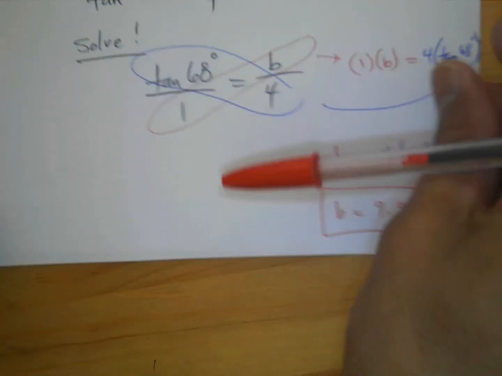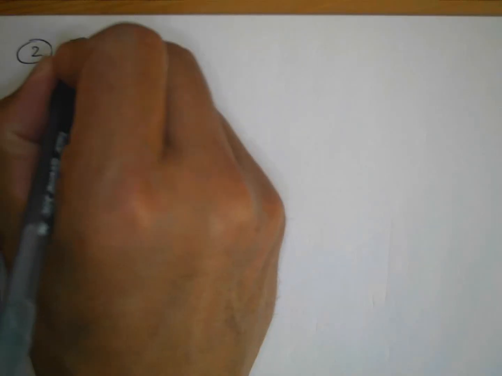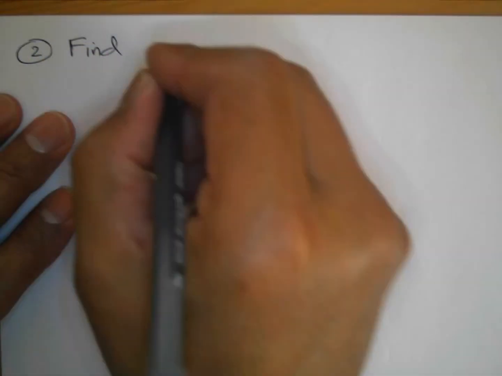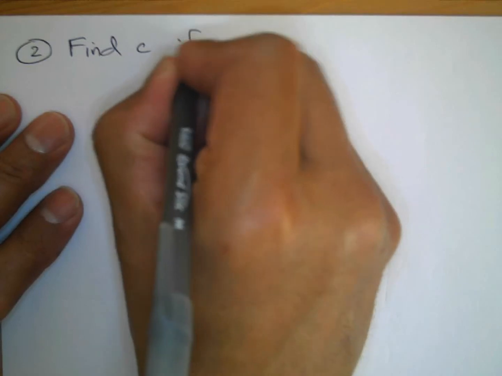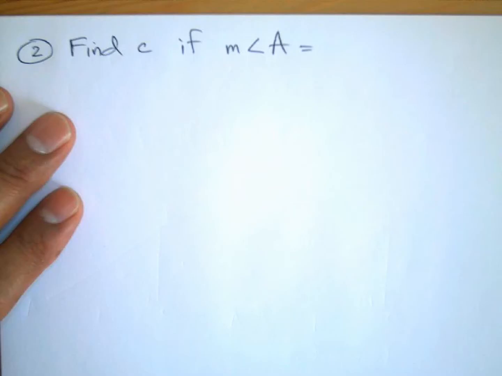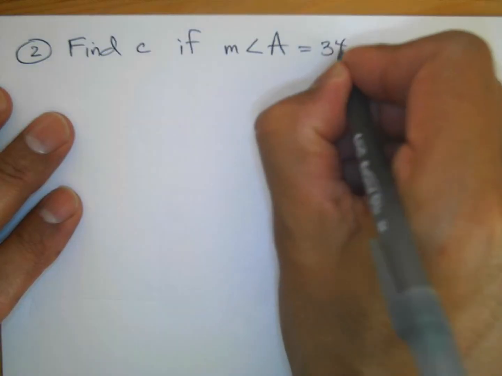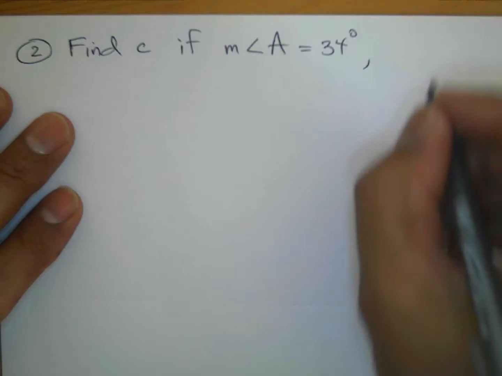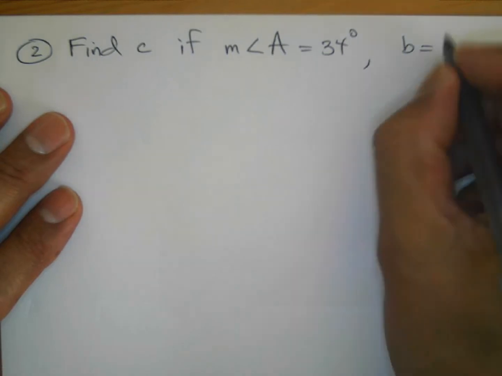Number 2. Again, they're not going to draw the triangle for you. That is part of the task here for the problems, to know how to do that. Find C if the measure of angle A is equal to 34 degrees. And then they're going to have to give you another side.